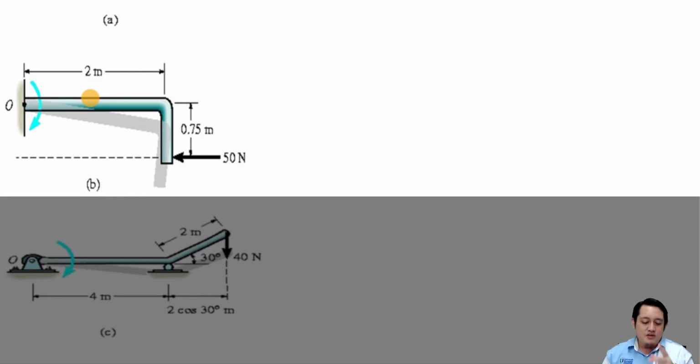Slightly tricky, because we have two distances here, which are 2 meter and also 0.75 meter. Which distance do we need to choose? As mentioned earlier, we need to make sure that the distance and also the force must be perpendicular to each other.